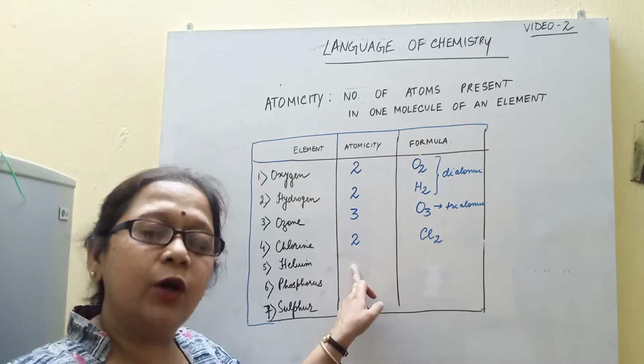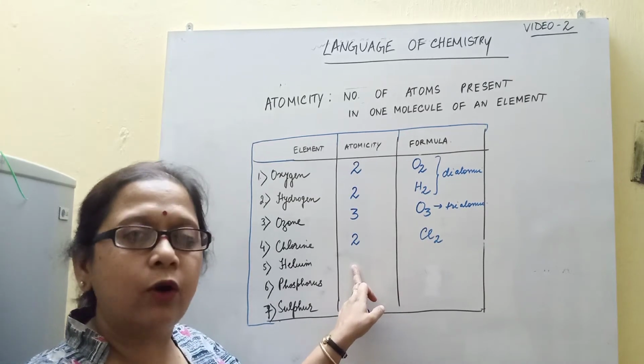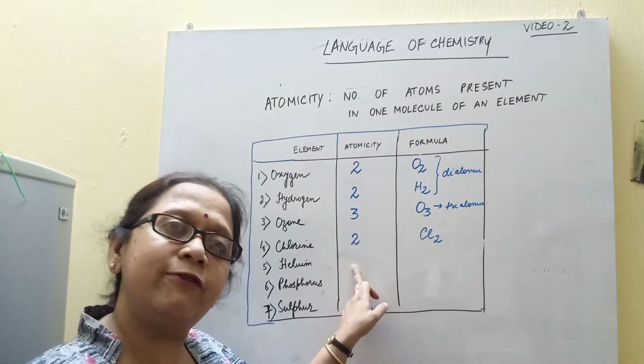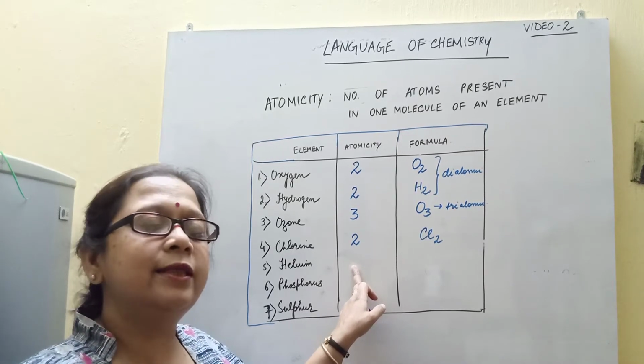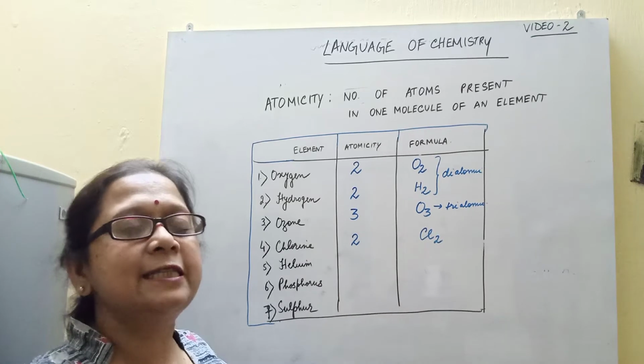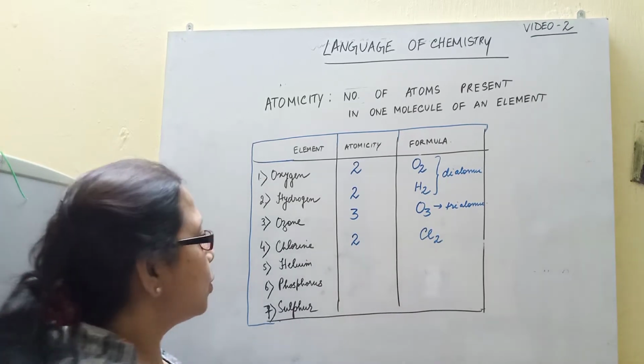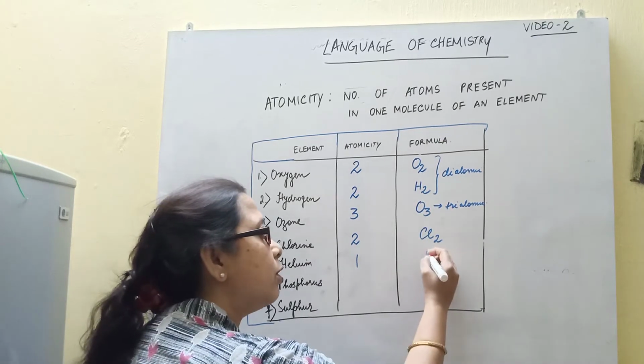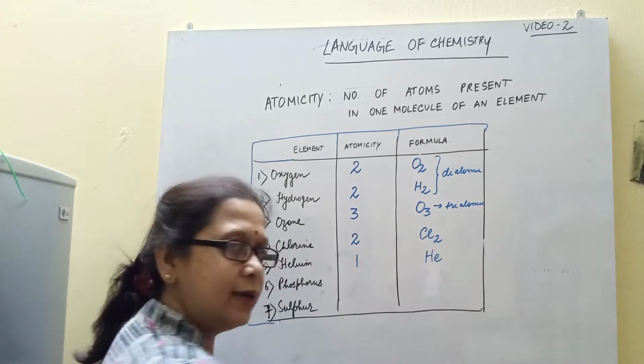Helium. Now helium is an inert gas or a noble gas whose outermost shell is already filled. So they are able to exist as single atoms. So its atomicity is 1. So we write the formula of helium as He.